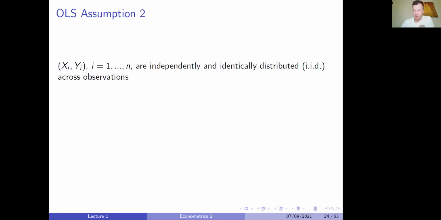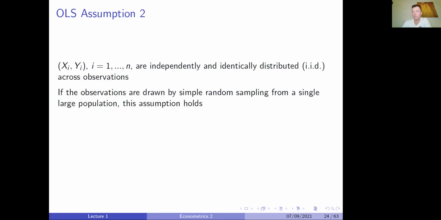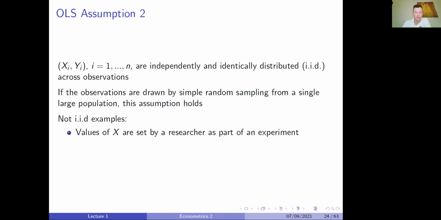So the second assumption, we already spoke about it. X and y and all these observations are independently and identically distributed. So basically we can ascertain this with the help of a random sample, with the help of simple random sampling from a single large population. If you establish this procedure before you collect the data, you are totally fine with that. So not IID examples.